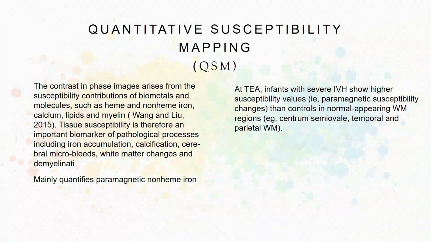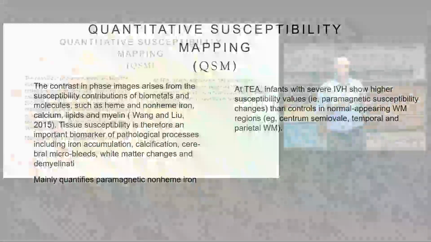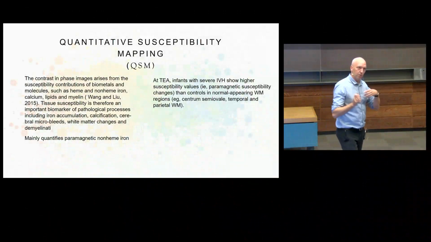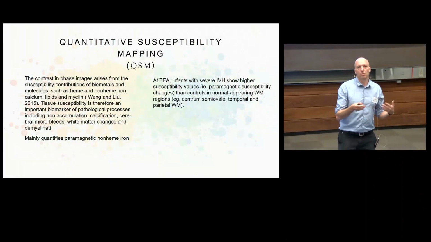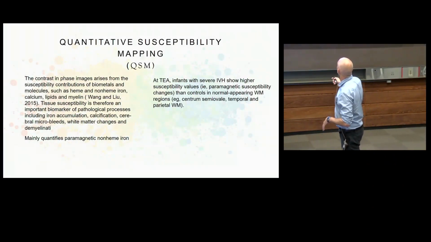And QSM, which for practical purposes can quantify non-heme iron, but you can also look at different biometal molecules, including calcium, lipids, and myelin. And there are some proof of concept studies that at term equivalent, you can see differences between preterm and term born infants.